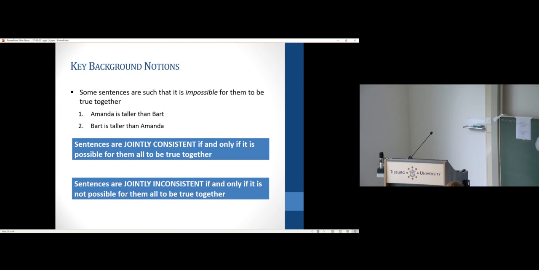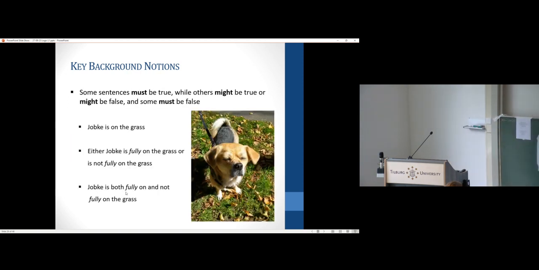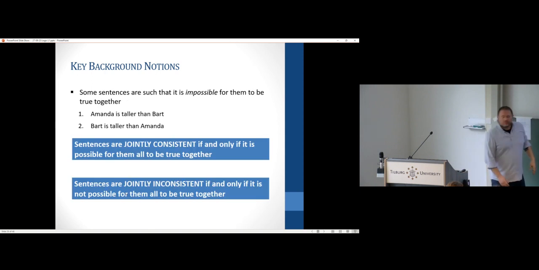But that hints at something, right? If we have a sentence, like say this one, that is a necessary falsehood, what do we know about it? Is it jointly consistent with anything? So if we have a necessary falsehood, to go back to the definition, right? This sentence must be false. Is it consistent with anything?